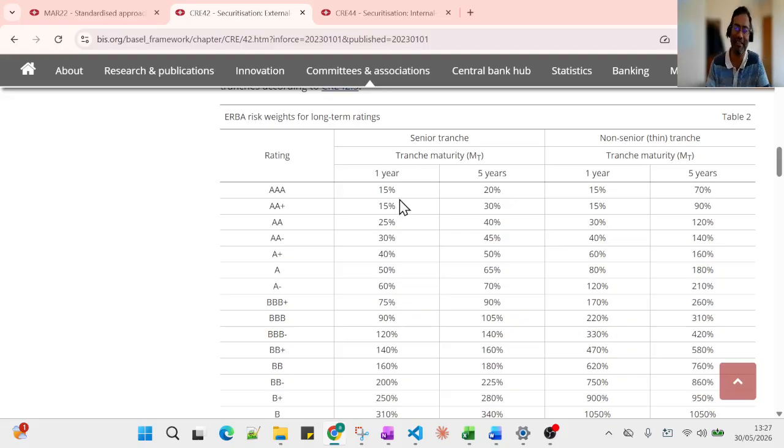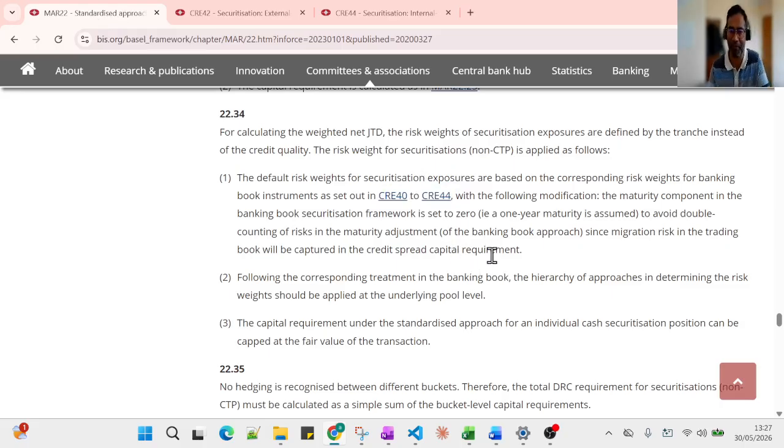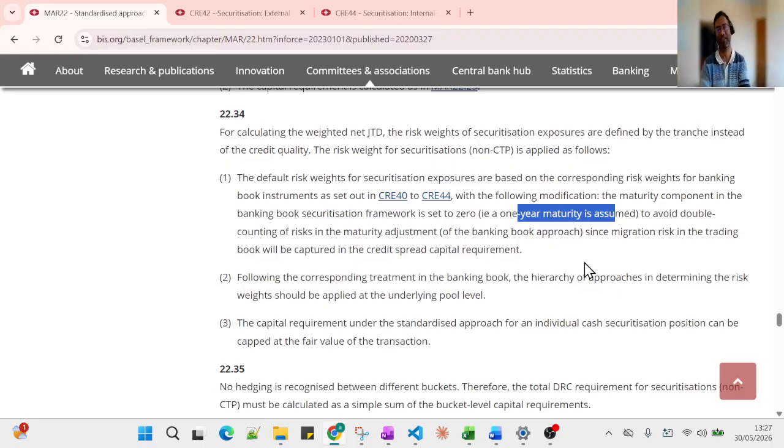I would still choose this 1 year column, and here also the 1 year column. Why? Because you see this very good statement here, that 1 year maturity is assumed. Why is it assumed? Because we are measuring default risk charge, not credit migration risk charge, which is very applicable at longer maturities.